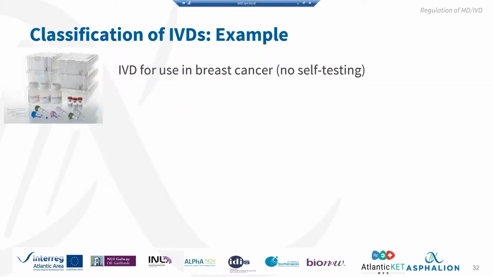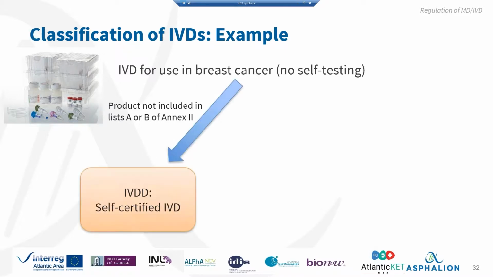So let's go to an example of the classification of an IVD. For example, if we had an IVD for use in breast cancer, excluding self-testing, obviously, since we cannot consider the self-test point. What would happen if we followed the directive? Well, our product is not included in lists A or B of Annex 2, so the product is self-certified.